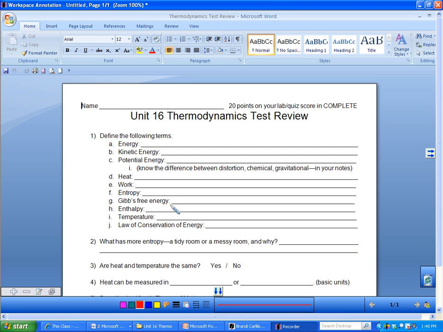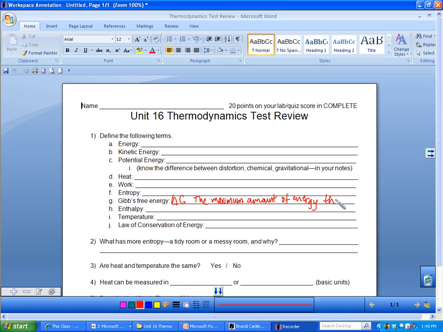Gibbs free energy, delta G is the symbol, is simply the maximum amount of energy that can be coupled to another process to do work.